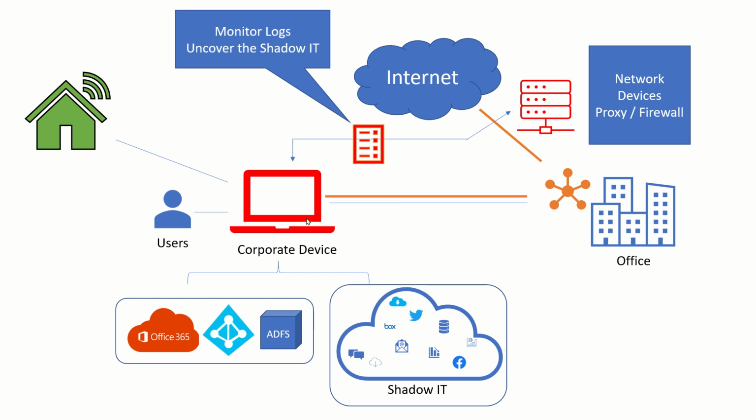But the scope is not only limited to endpoints. Microsoft Cloud App Security also gives you the privilege to upload the logs generated at the network layer itself, that means the devices which are helping your endpoint talk to the internet.